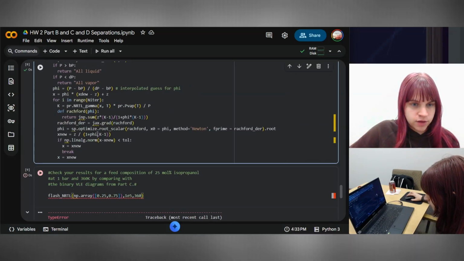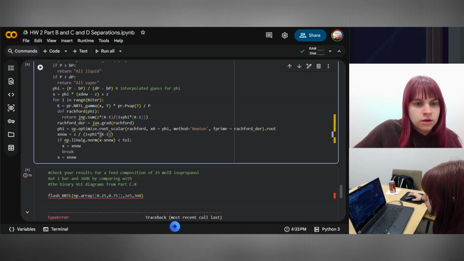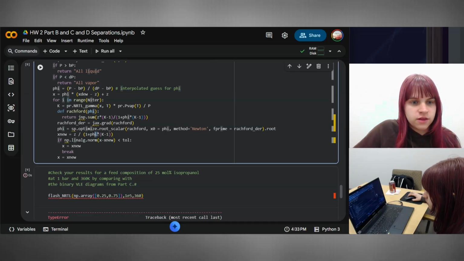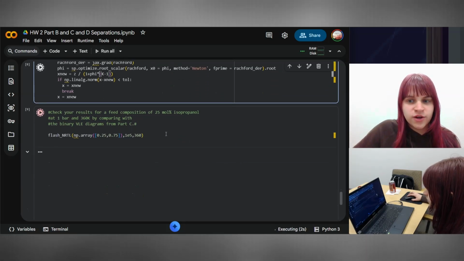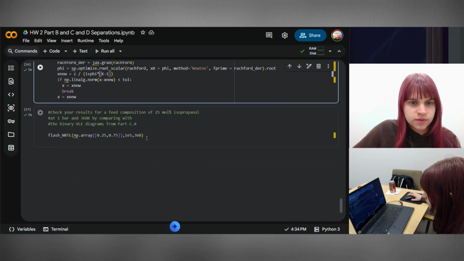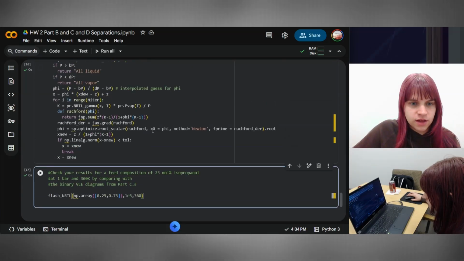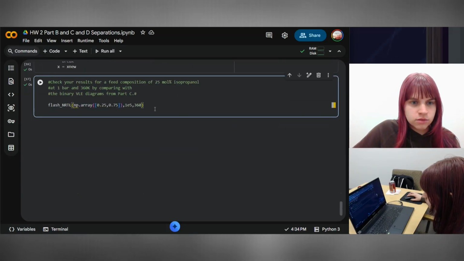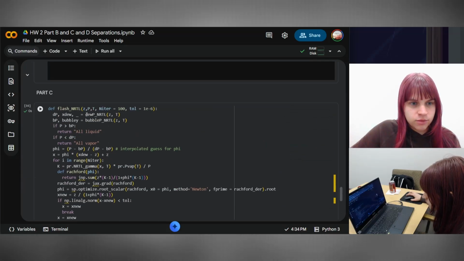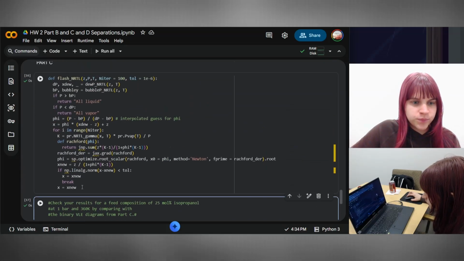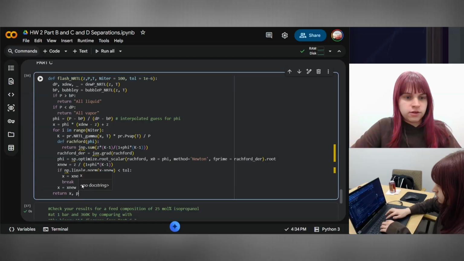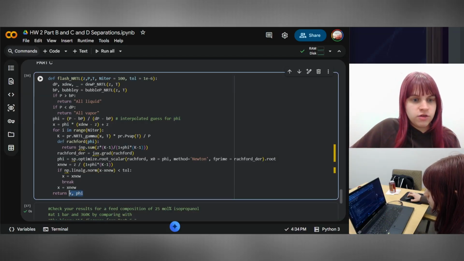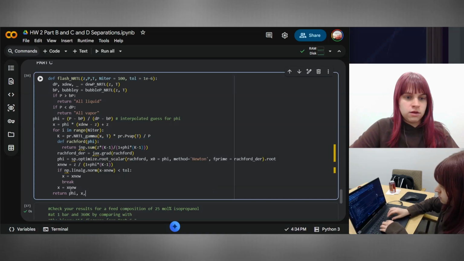Again, I think I made a mistake that I made previously. I'm not sure if that was the only mistake, but I forgot this multiplication right here. And I'm kind of having to pause in between when I'm running the code because it took a while. So I literally realized that I was just running all of this and not returning anything. So I need to return x and phi. I'll actually do that as phi, x, and y.